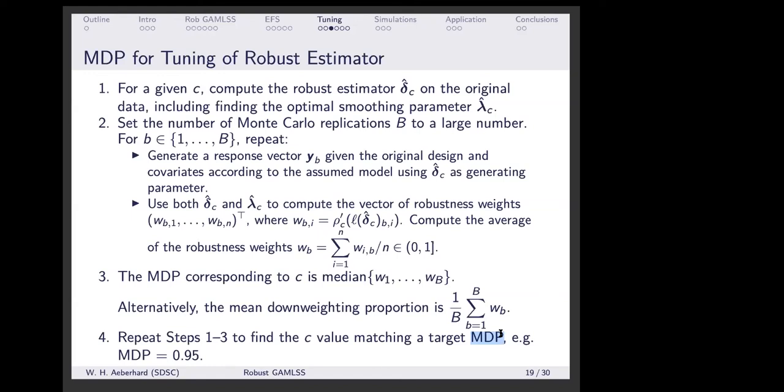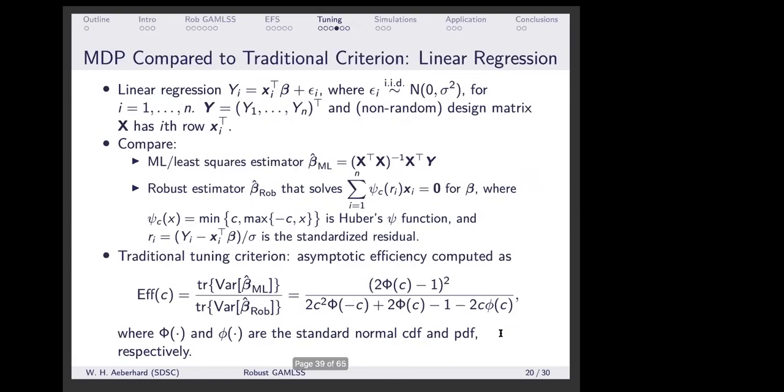In order to justify a bit better this choice, I can show you what happens when you apply this in a context where the traditional criterion of efficiency can be computed explicitly. And yes, the setting is linear regression. So here I'm considering two estimators, the maximum likelihood estimator under a Gaussian assumption, okay, traditional x transpose x, inverse x transpose y.